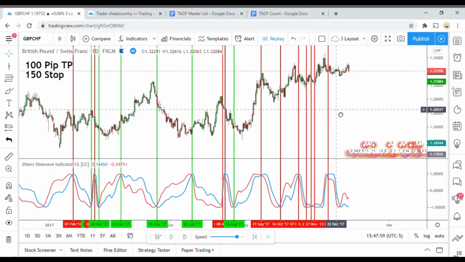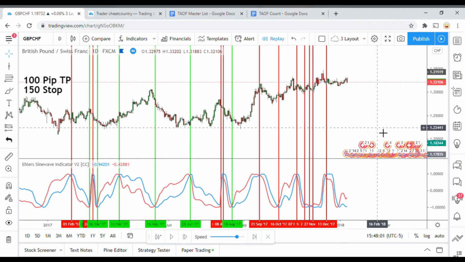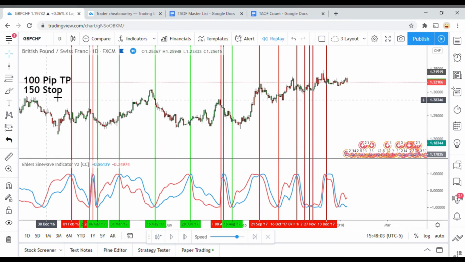All right, so there we have it. That is Ehlers Sinewave. It looked like it was doing really well. Then something about it back here got really out of sync really fast. And it seemed like it was just never quite able to get itself back into sync correctly. So let's count them out and see what we get here.